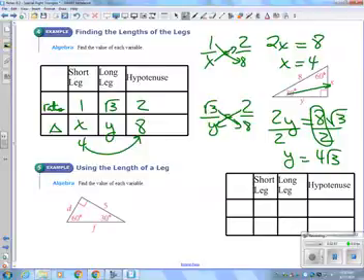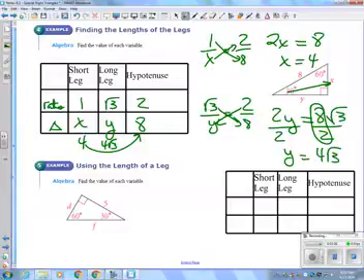Which also makes sense because I said that if you had the short leg, you could just multiply it by the square root of 3 and it'd give you the long leg. But of course, they're not all quite that simple because that ratio relationship only works if you've got a really nice short leg to be able to see that relationship, it's just timesing.